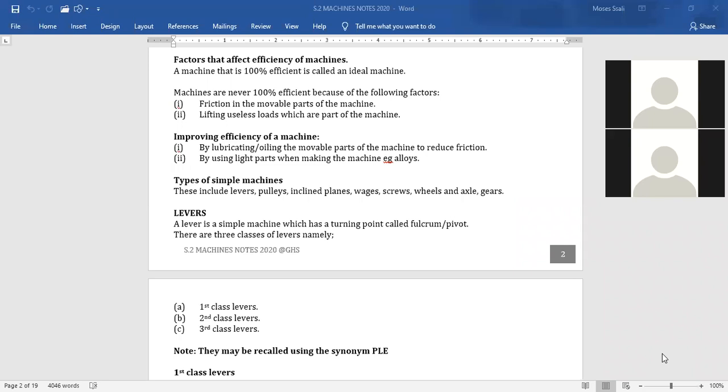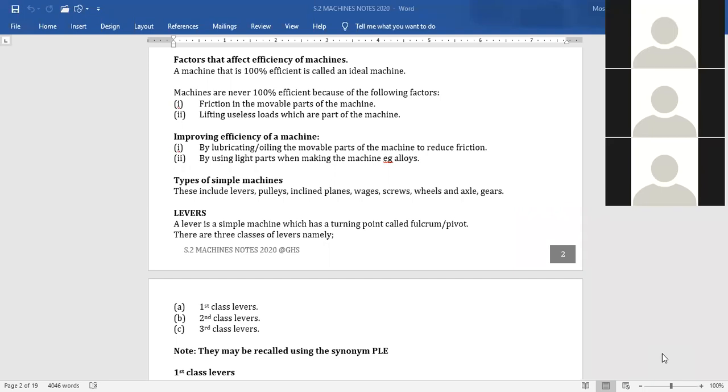Now, Lauren Lusiga, what do you understand by a person being efficient? I think someone who does their work to the fullest, who does it properly. Okay, properly. Very good. I think you are almost there.